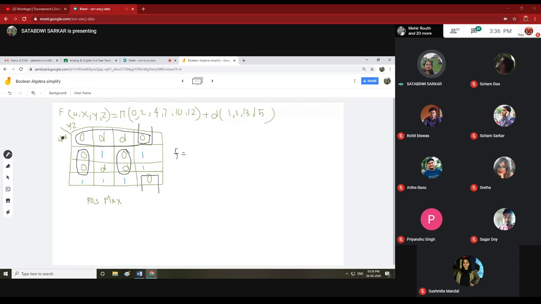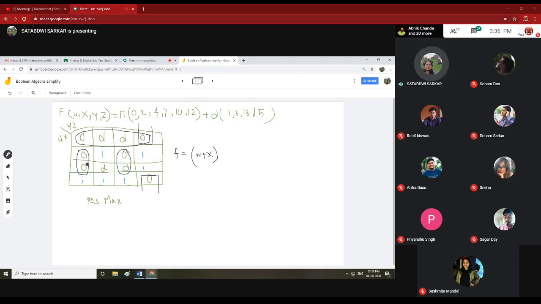W bar plus X bar. No, sorry, W plus X, not bar. Bar means 1 in POS. So this is W plus X.